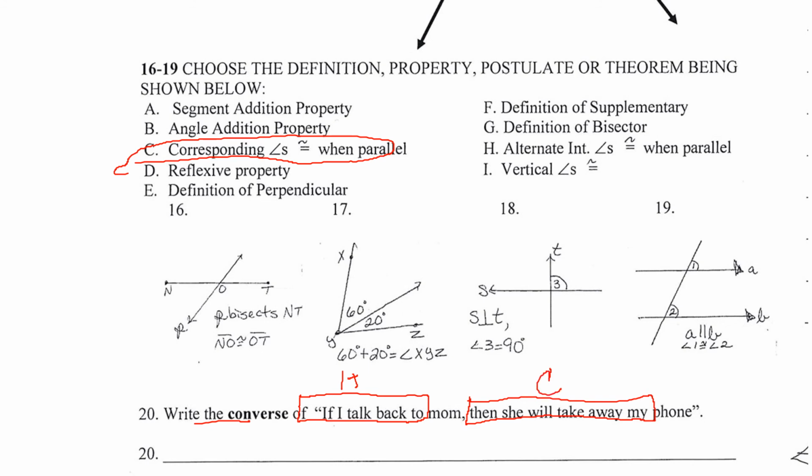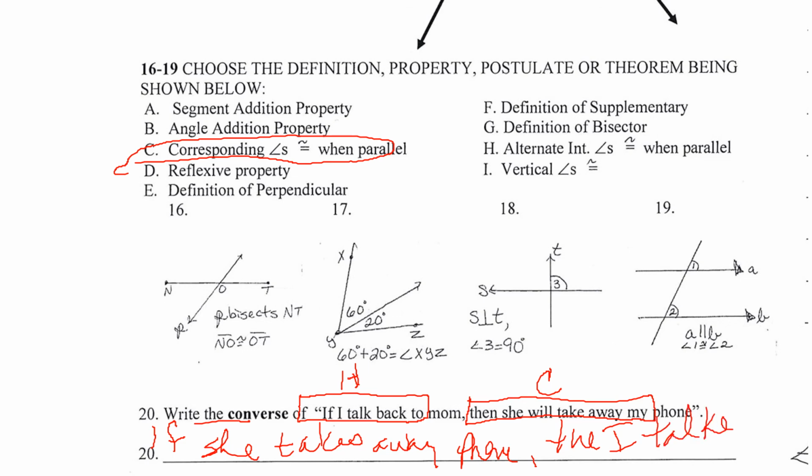So hypothesis, that's an H. So it would read, if she takes away my phone, comma, then I talked back. Okay, get the idea. So you're just switching up those two parts. That's how you do a converse of a statement. So if you have not watched that, watch that.